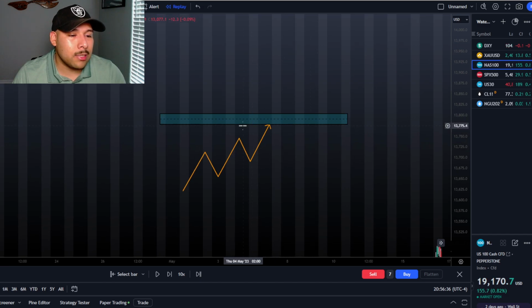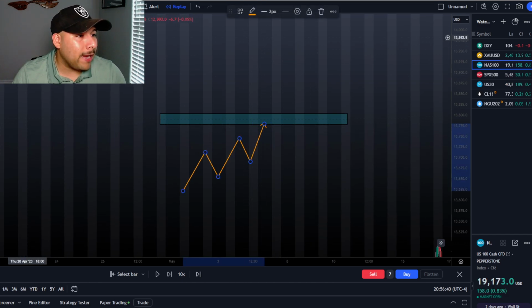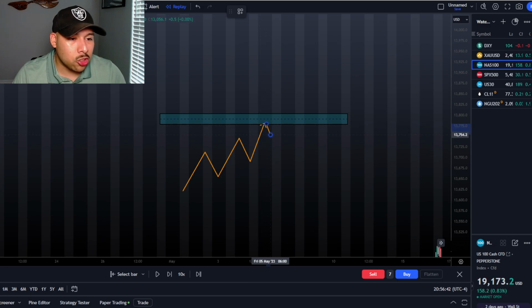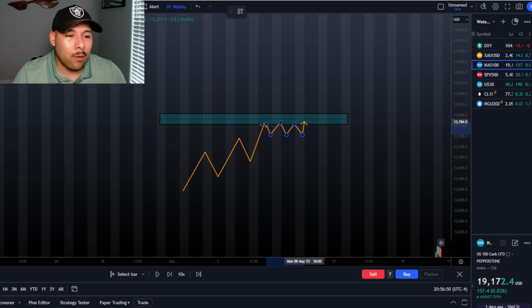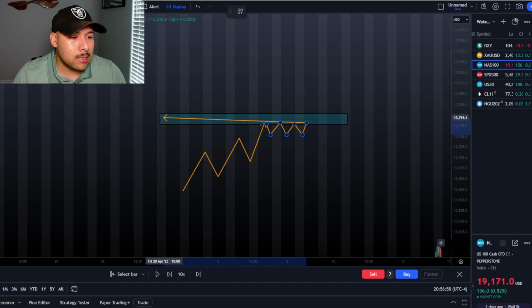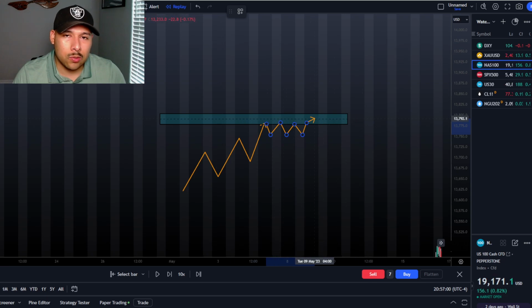A resistance level is basically when price fails to break above a certain key level. And when I say key level, I mean the price, like 13,770. That means that when price came into this area, it is failing to create a new higher high because this resistance level is not allowing it to.